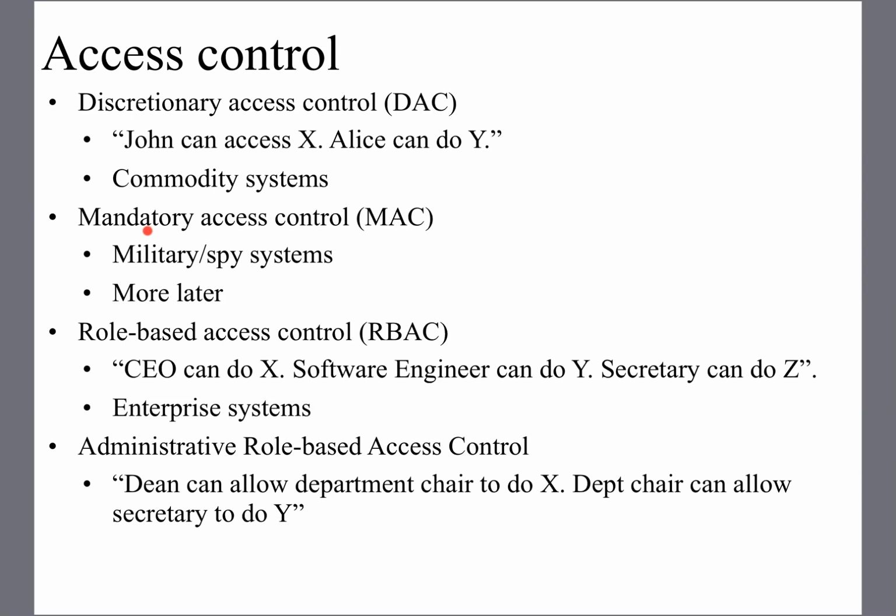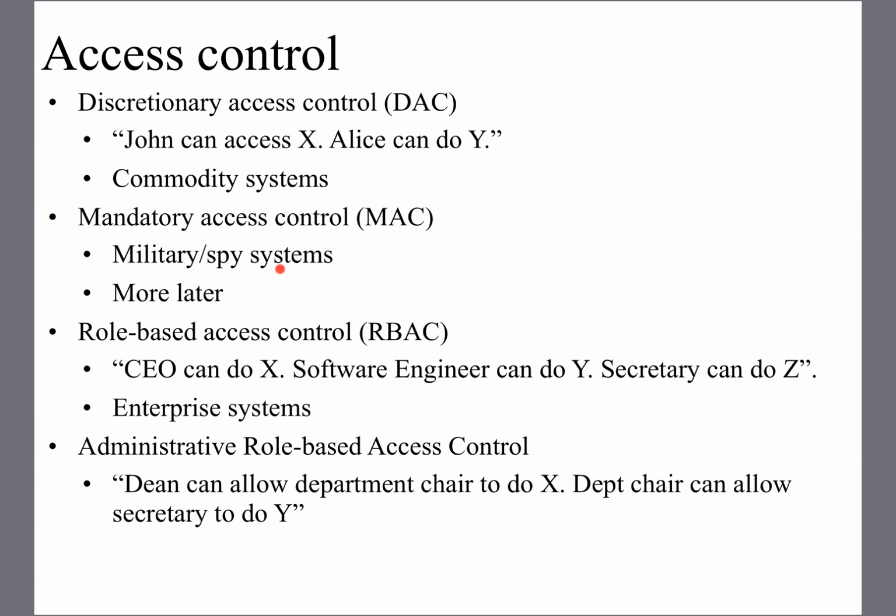Even if the system administrator wants to override access permissions for a particular resource, he or she can't do it. This is particularly important in military or spy systems, national security infrastructure, and so forth.